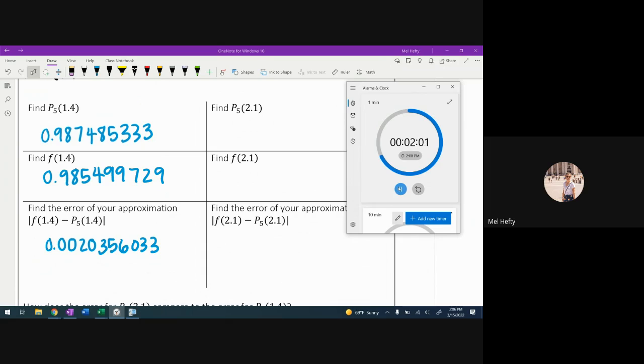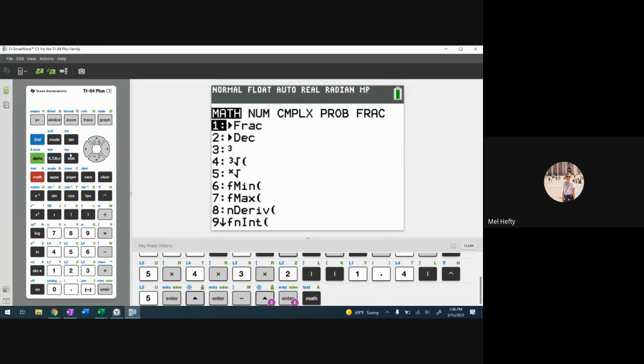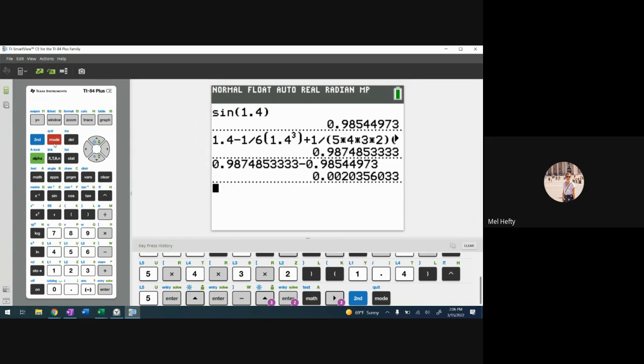It's kind of hidden. I think it's in math. You tried to do this 3 times 2 times. Yeah. Do alpha, window. Where is it? Math. And you have to go over to prob, and it's number 4. There might be another shortcut for it. I find it easier to just multiply the numbers than find it because I'm lazy.